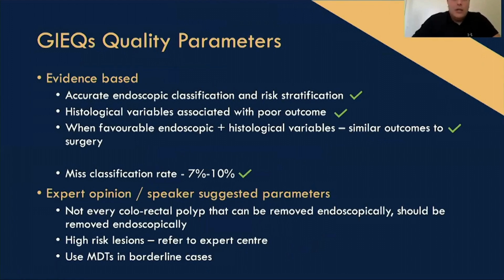We know that we can use several histological variables which are associated with poor outcome to predict if we need further oncologic surgery, or we can settle for endoscopic treatment. And when we have favorable endoscopic and histological variables and a complete en bloc resection, then we know that the outcome is similar to surgery, and we can safely recommend follow-up for these patients.